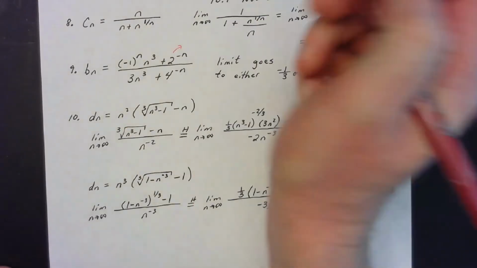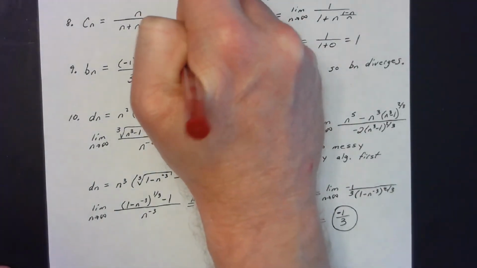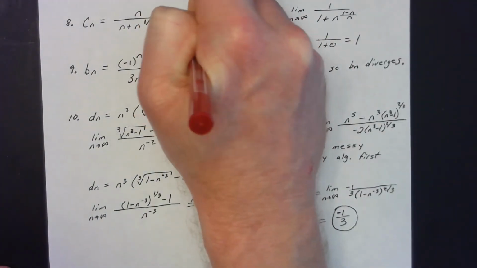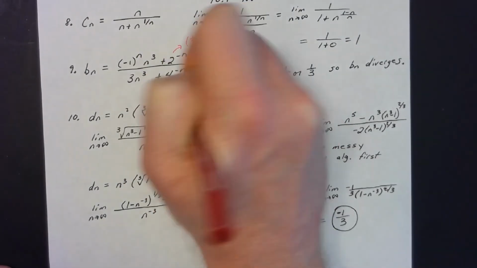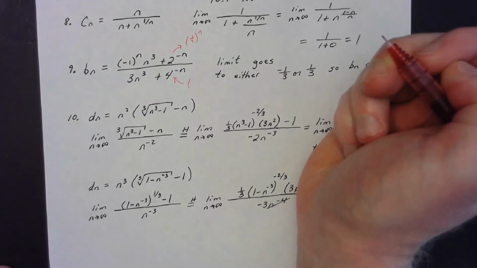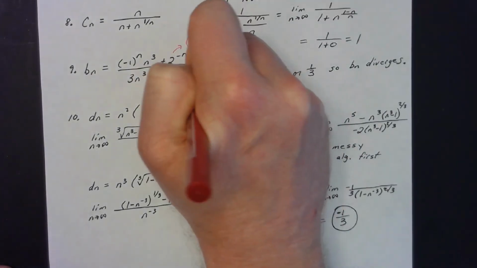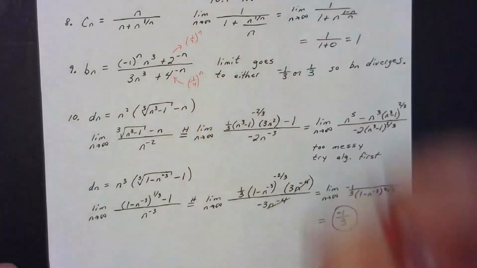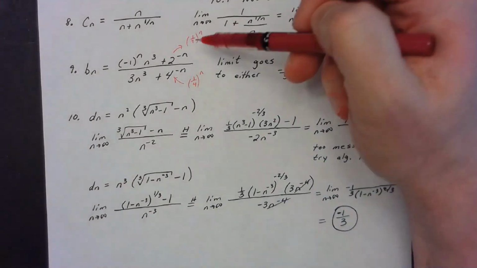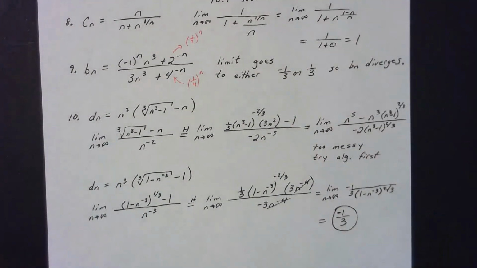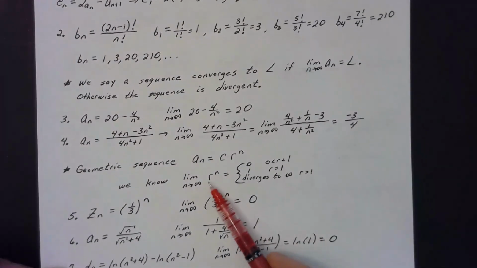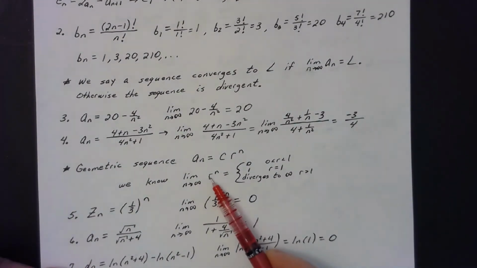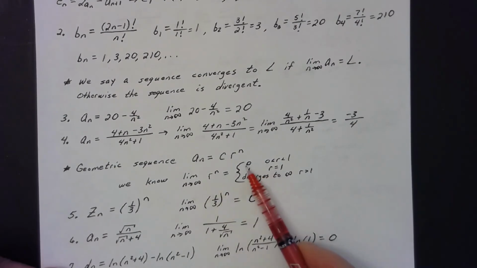The 2 to the negative n, we know that means 1 over 2 to the positive n. The 4 to the negative n in the denominator is nothing more than 1/4 to the positive n. As n goes to infinity, any fraction as the base, we talked about this back on the first page, that term is going to go off towards 0.